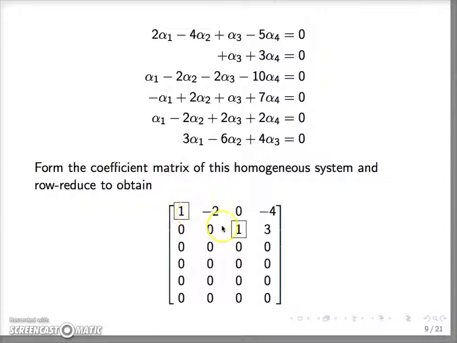And it happens that the RREF here has this form, and then we know that there are non-trivial solutions for this homogeneous system of equations. So this implies linear dependence, right?